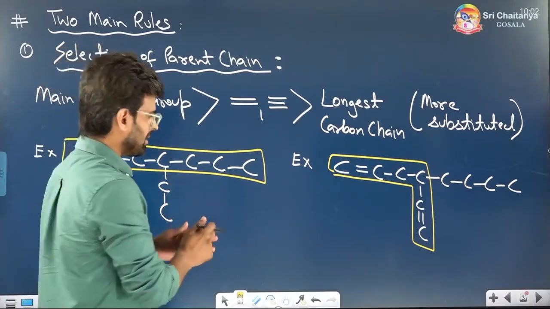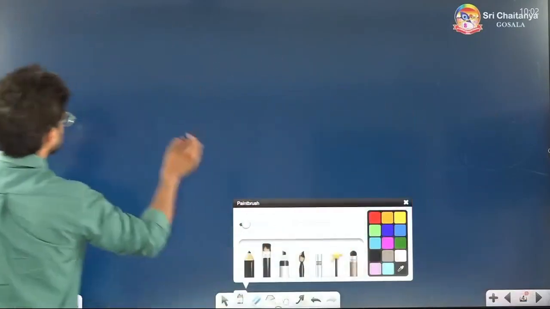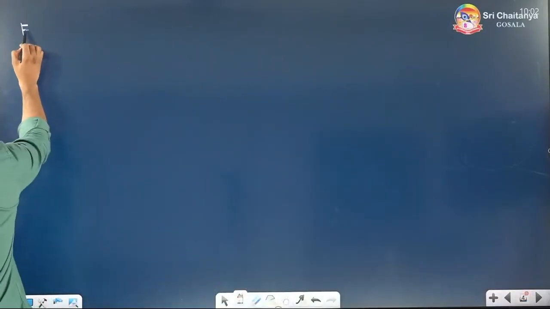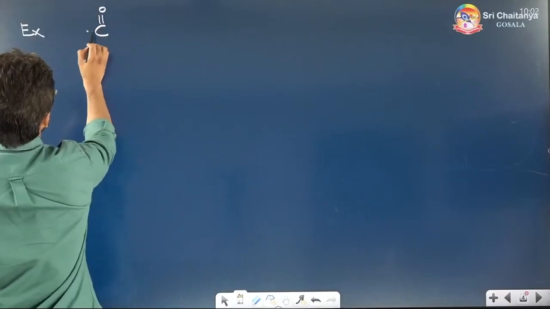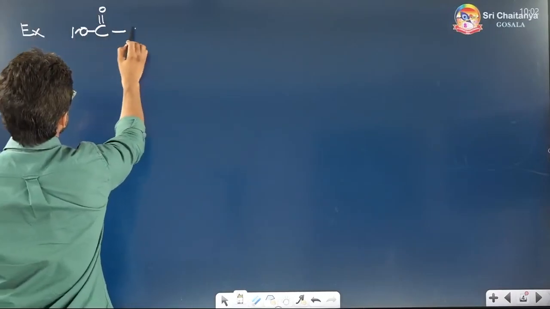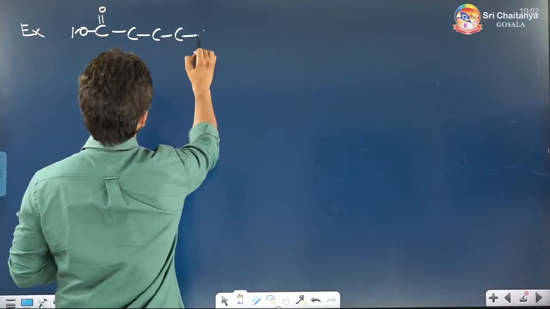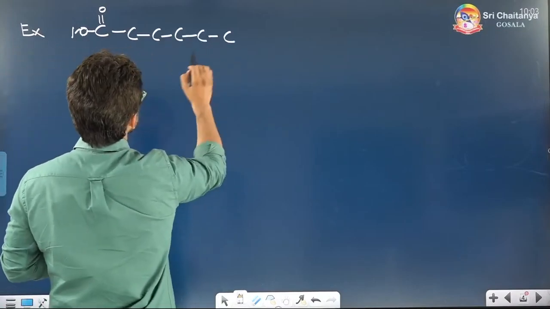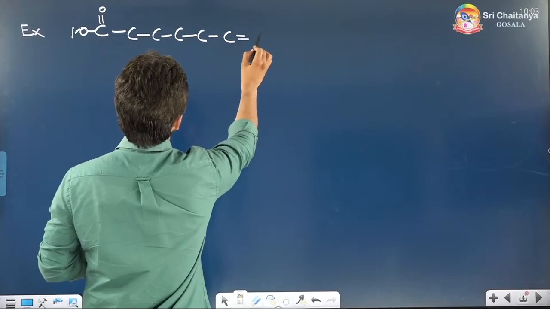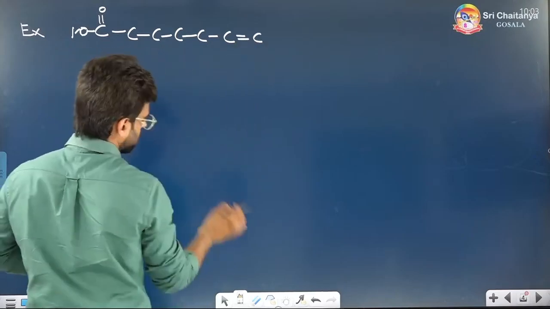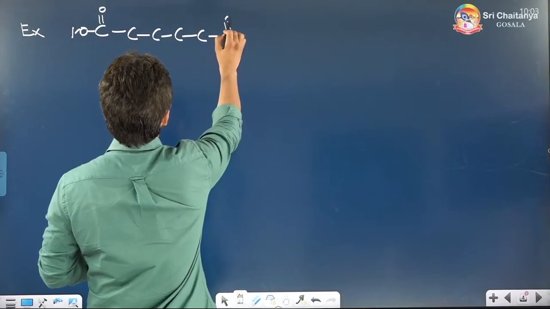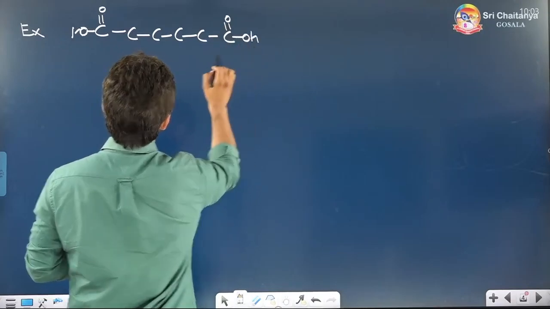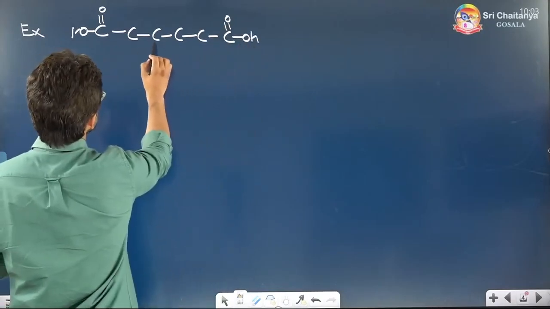Right. Next, I am asking one more question. Look, here we have a functional group COOH. Carbon, carbon, carbon, carbon here, carbon. And here I have a pi bond, or I am doing one thing. I am taking the same functional group here also, and now here I am taking the longer chain.